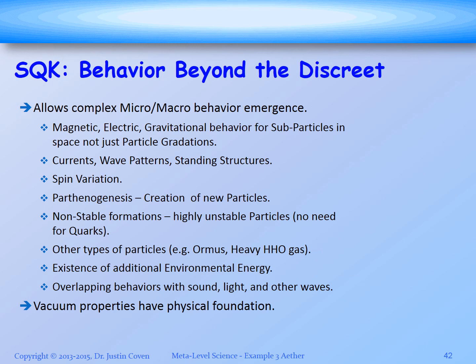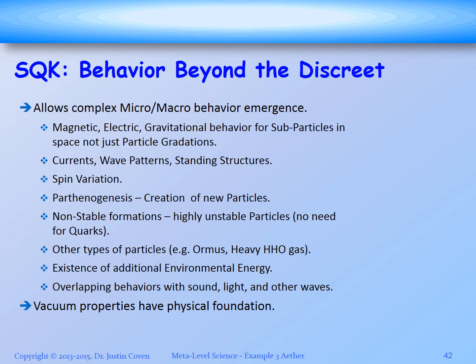There can be spin variation. You don't have to have discrete levels of spin. You can have gradations of spin instead. There can be parthenogenesis, where there's creation of new particles.